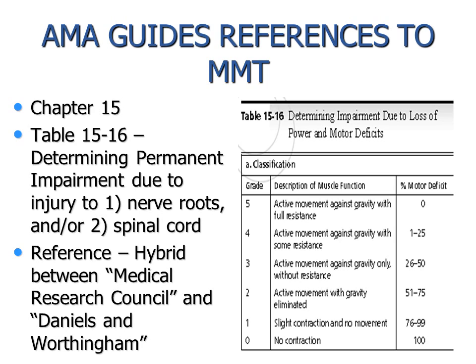If they can move against gravity, then that muscle is at least graded a grade 3. If you're then able to add some resistance, then we get up into the grades of 4 or 5, and you can decide which of those to use. 3 is the pivotal grade.